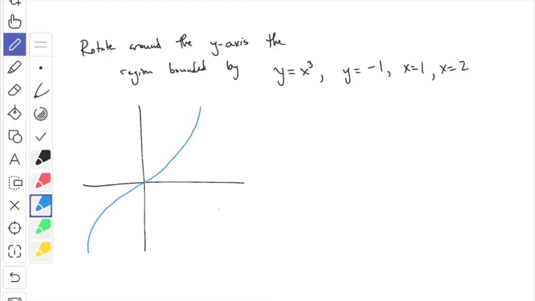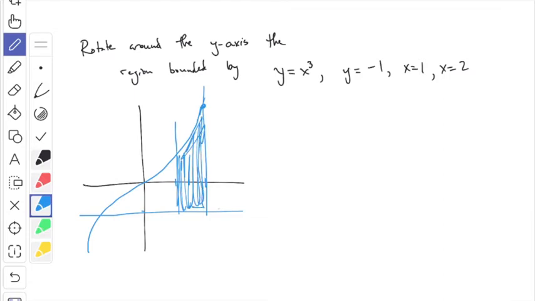And then we have, bounded by y equals x cubed, y equals minus 1. So that's down here. x equals 1, so that's here, and x equals 2, which would be here. So this is x equals 1, this is x equals 2. So the region I'm talking about is this, right?